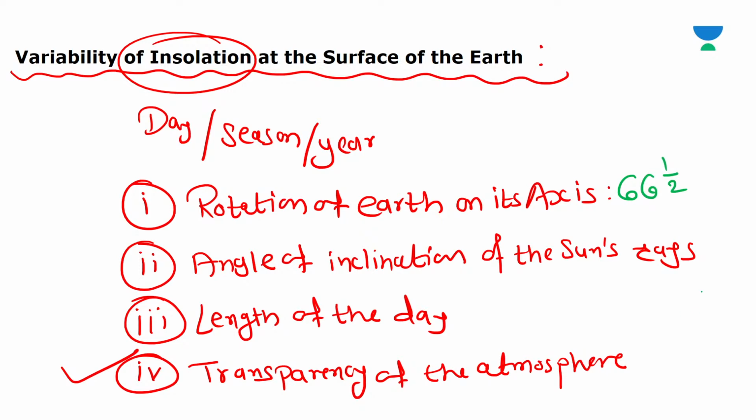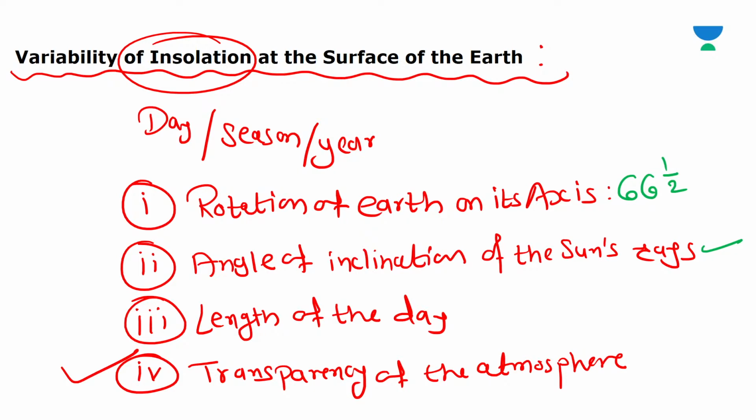Now this depends on the latitude of the place. The higher the latitude, the less is the angle they make with the surface of the earth, resulting in slant sun rays.